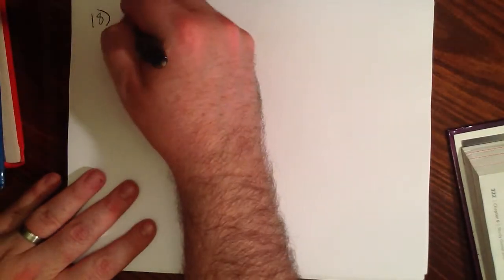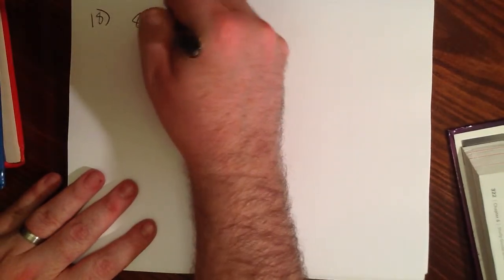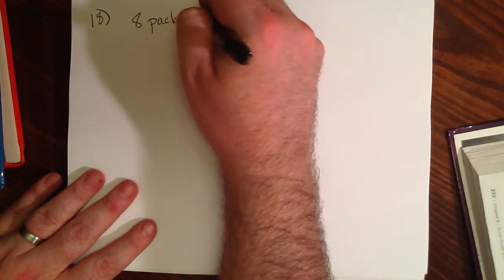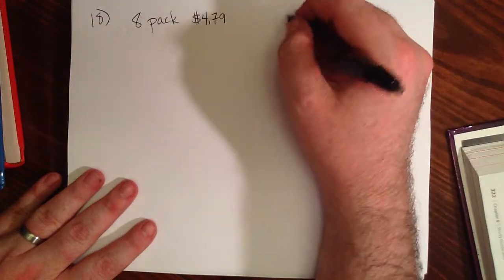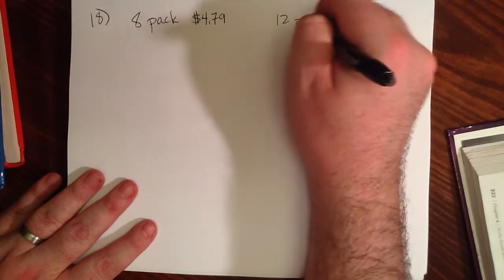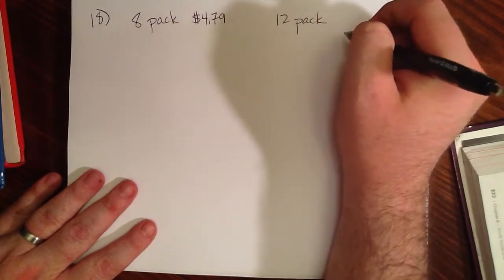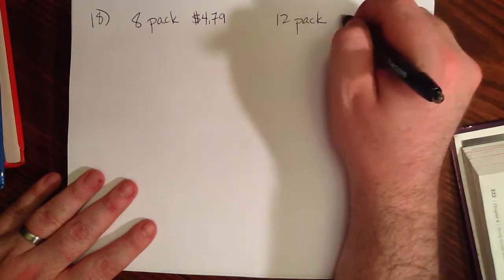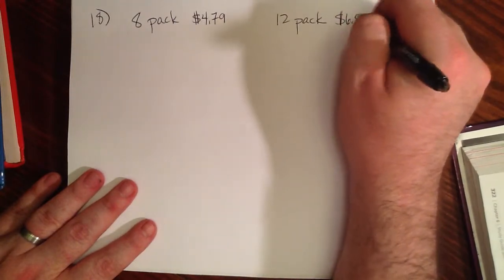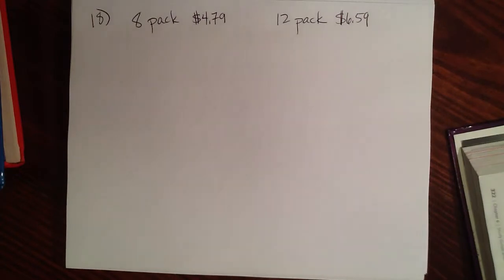Lastly, in this section, number 18, says an 8-pack of juice boxes cost $4.79, and a 12-pack of juice boxes is $6.59. Which is the better deal?